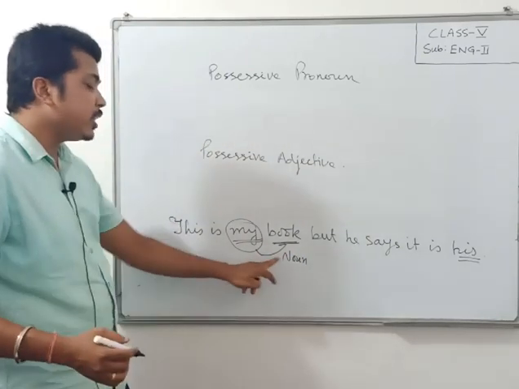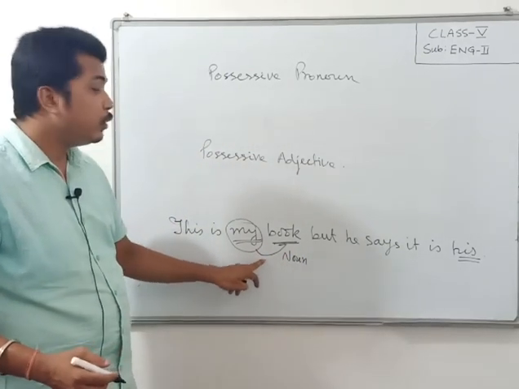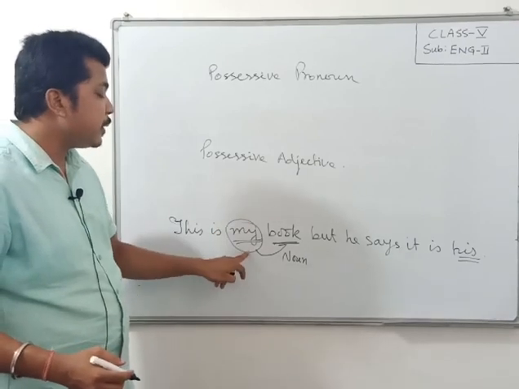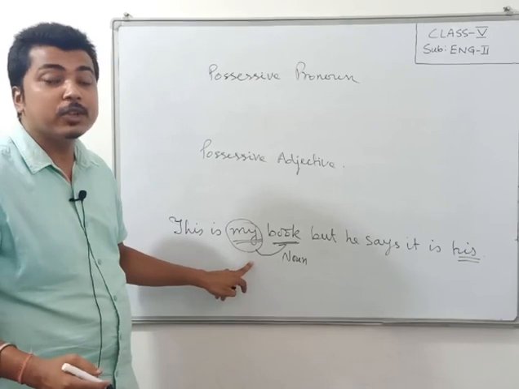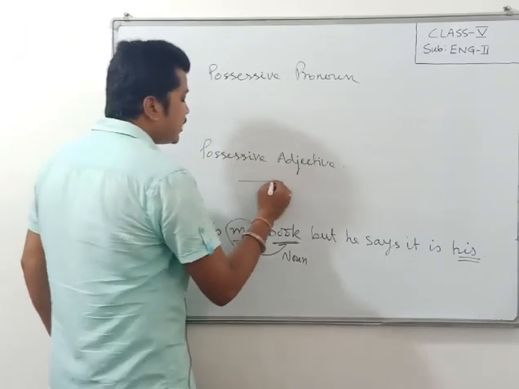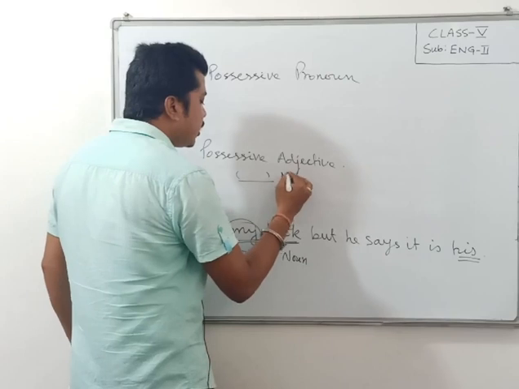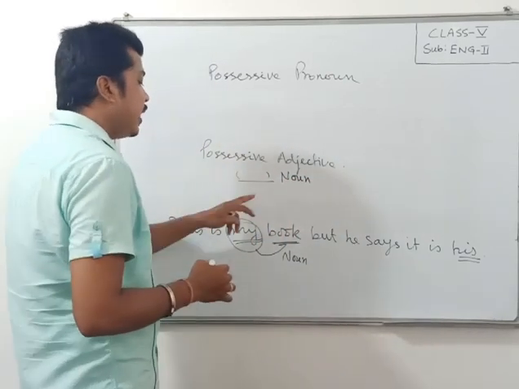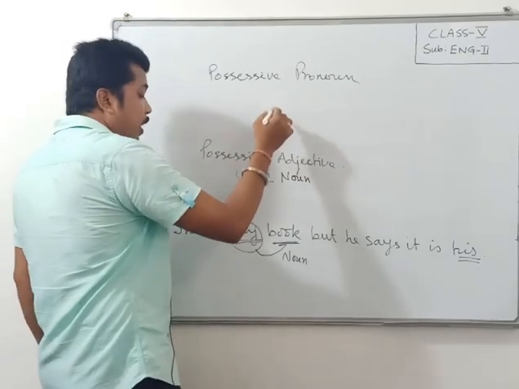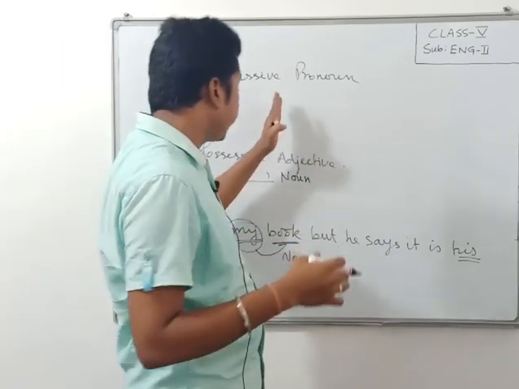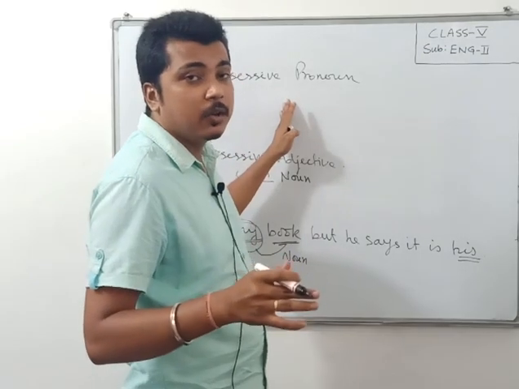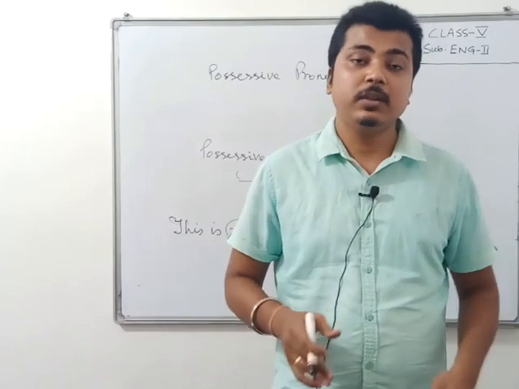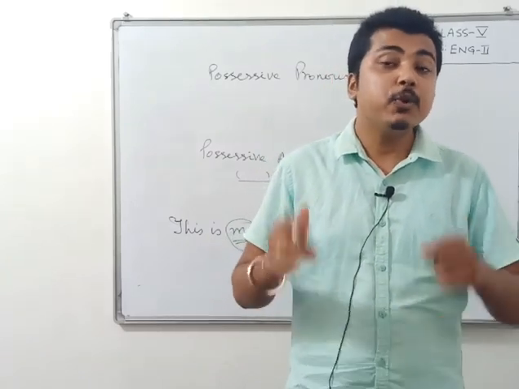When any pronoun is placed before a noun, it will become possessive adjective. And when a pronoun is placed before any other word, or there won't be any word after that pronoun, then in that case it will become possessive pronoun.